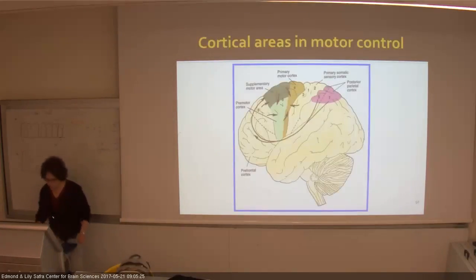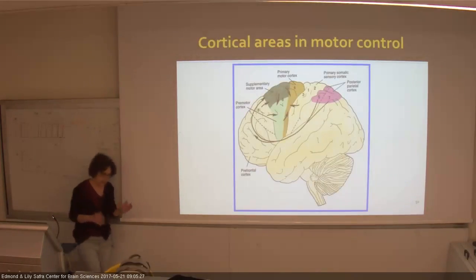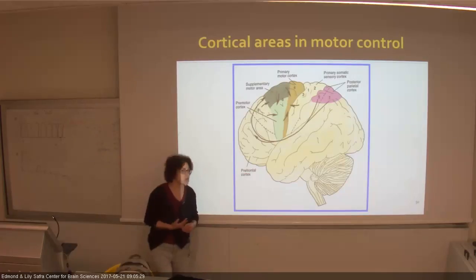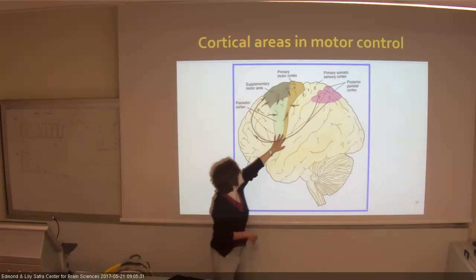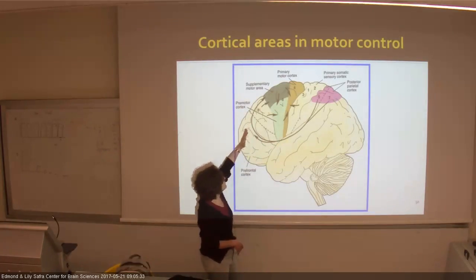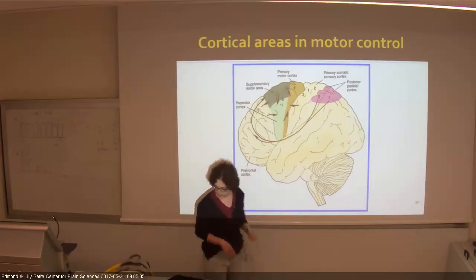Okay, so first of all, when I talk about motor cortex, I mostly talk about the areas that are rostral to the central sulcus.